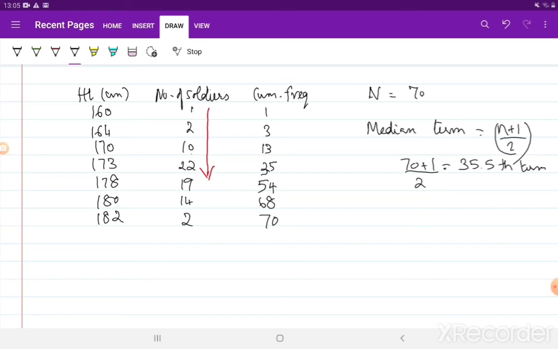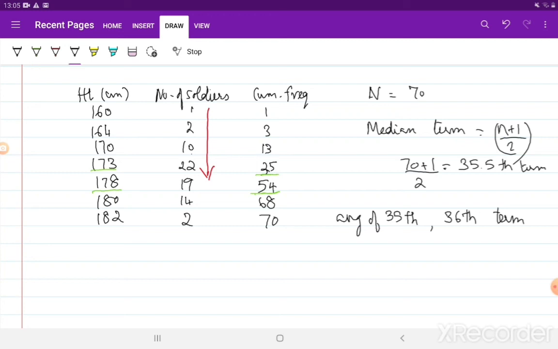Now since the total number of observations is even, remember we have to take the average of the 35th term and the 36th term. Now, as you can see here, from the cumulative frequency table, the 35th term will be 173. However, the 36th term will fall in this category and the observation will be 178.